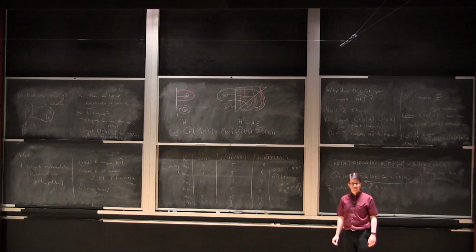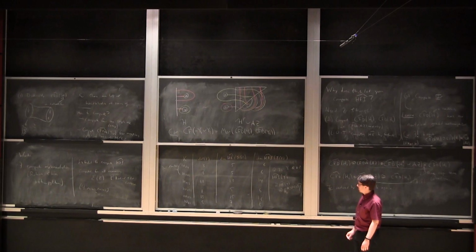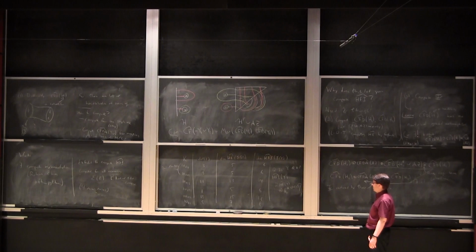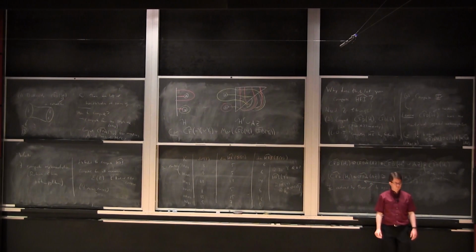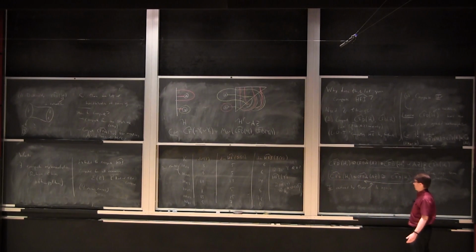So that might be an interesting project for somebody to do, to just give a proof directly that this is a three-manifold invariant. Another thing you can do is define the bordered involutive Floer homology. What was the structure we needed in order to make this work? We needed this isomorphism. And you could define the bordered involutive Floer homology to be a bordered module, the invariant of Y, together with this isomorphism. There's a natural sense in which you could expect that to be an invariant.